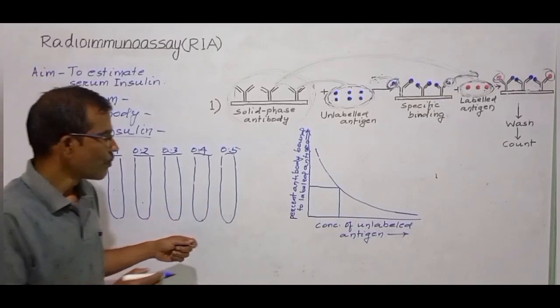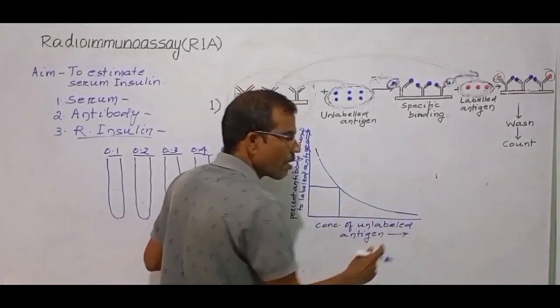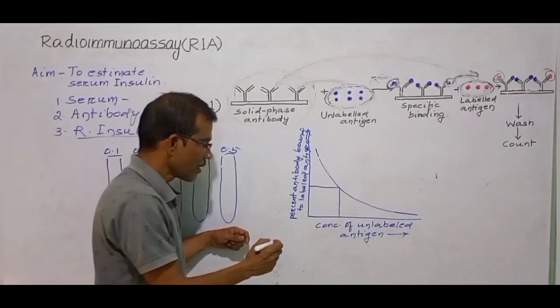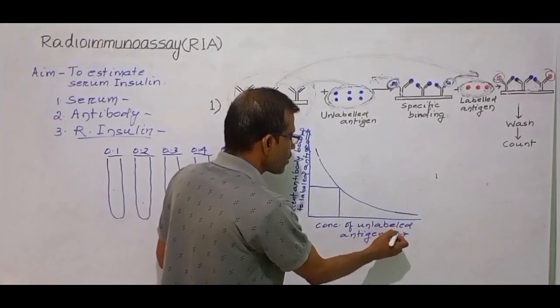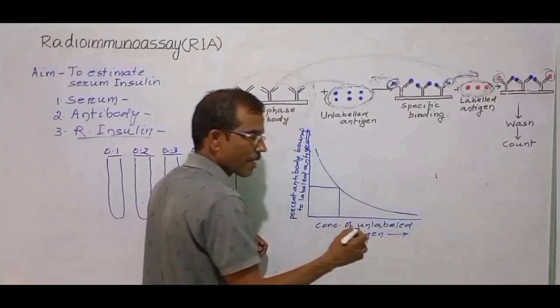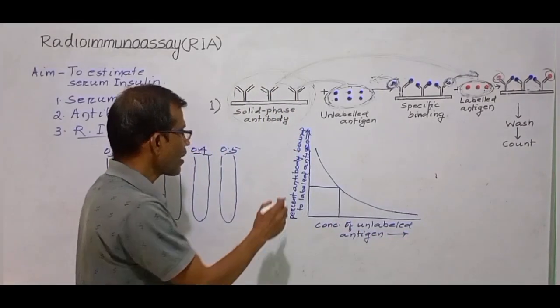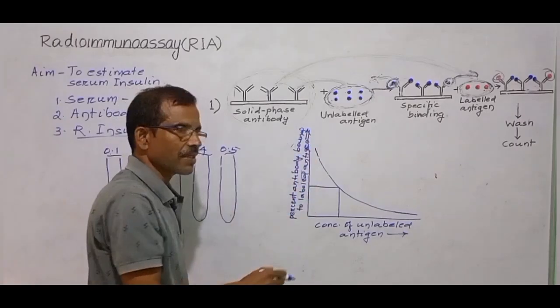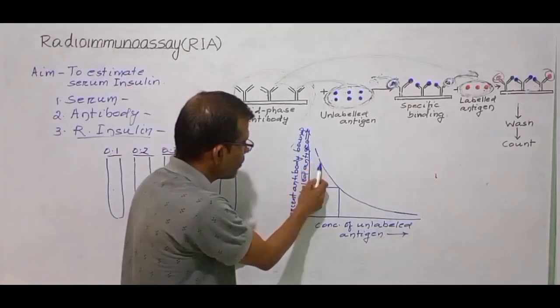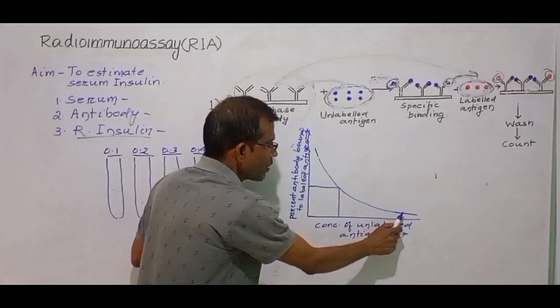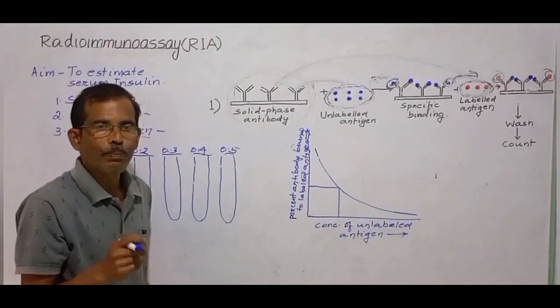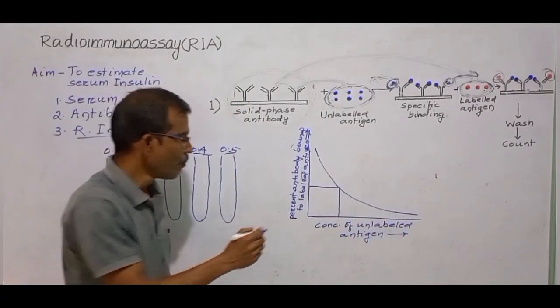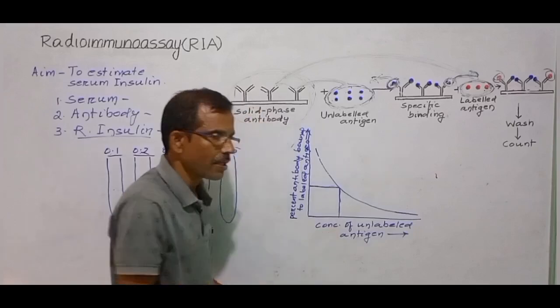After this, a standard calibration curve is plotted by taking the concentrations of unlabeled antigens on the x-axis and percent antibody bound to labeled antigen on the y-axis. From this calibration curve, the concentration of insulin present in patient serum can be easily determined.